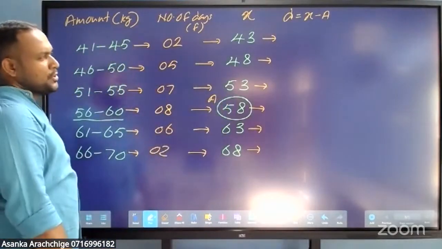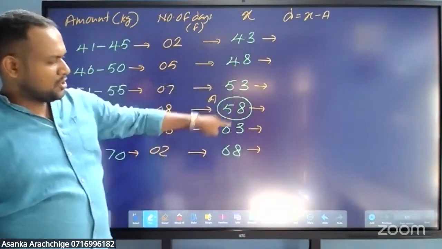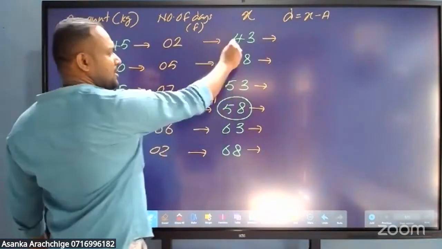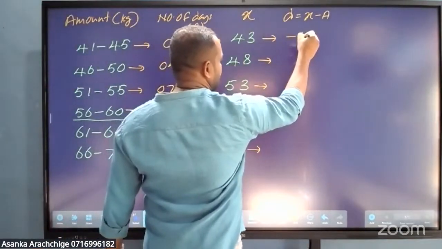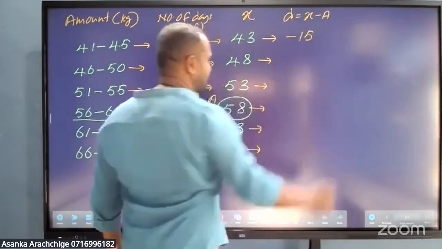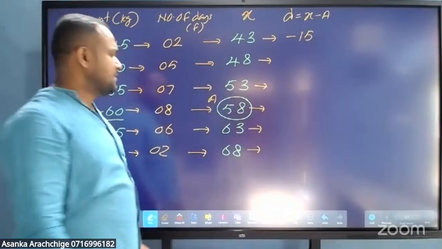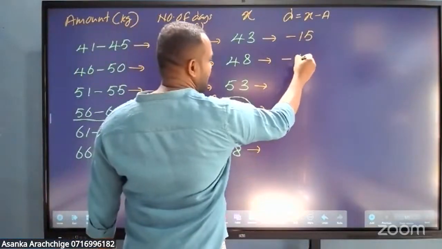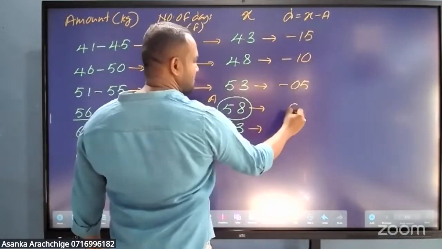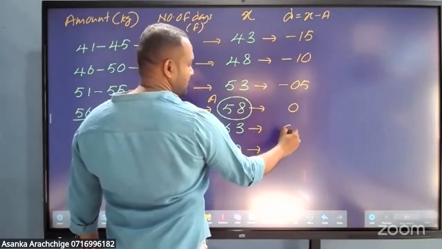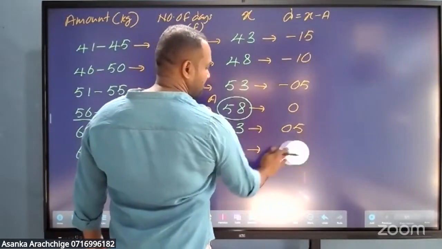Now you have to subtract 58 from each mid value. 43 minus 58 is minus 15. Am I correct? 48 minus 58 is minus 10, then minus 5, 0, here 5 and here 10.